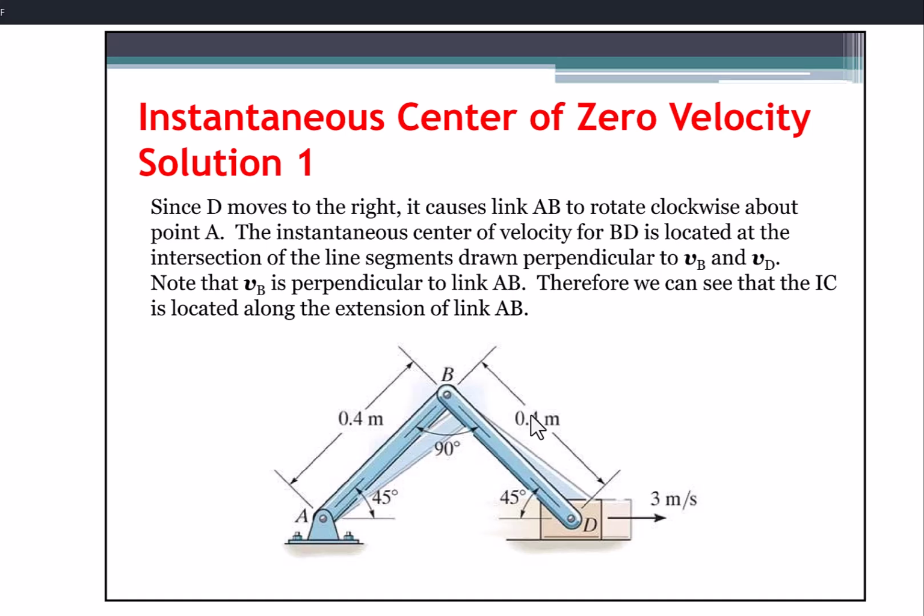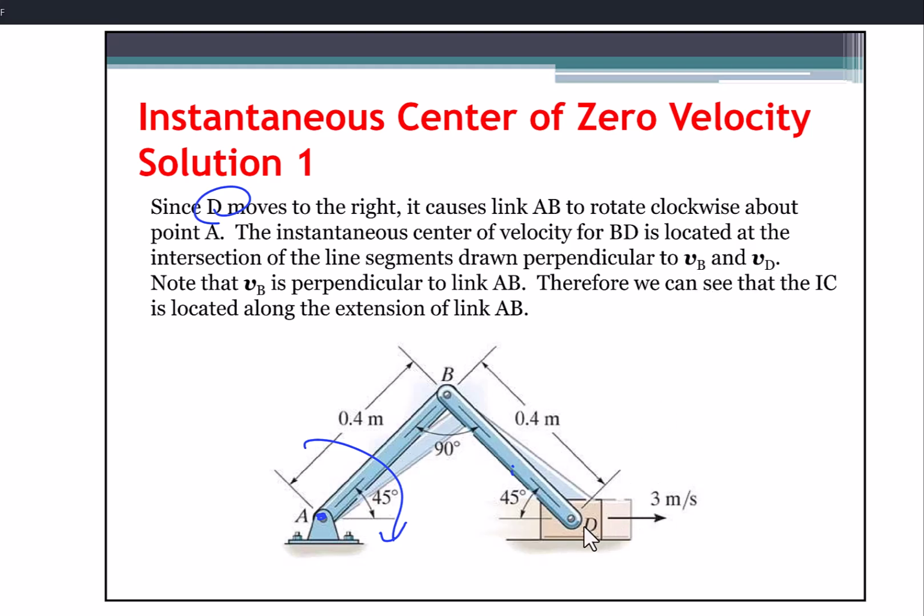And like I said, since point D moves to the right, it causes link AB to rotate clockwise. So we know this about point A. So the instantaneous center of zero velocity for BD is located at the intersection of line segments drawn perpendicular to VB and VD.